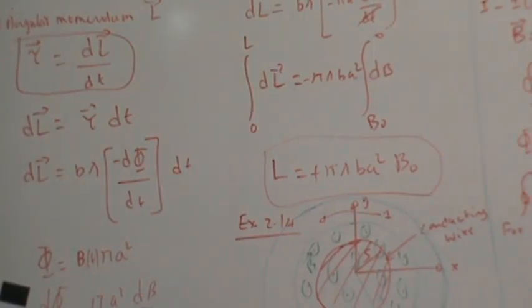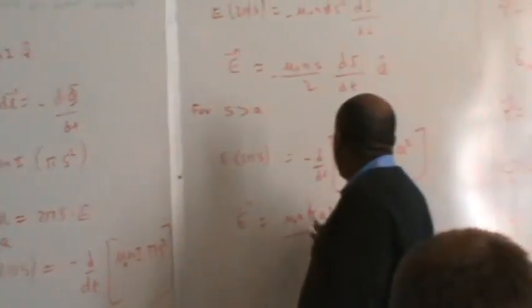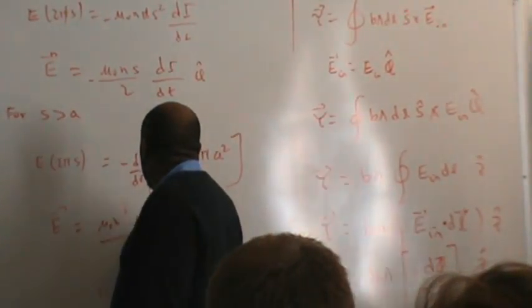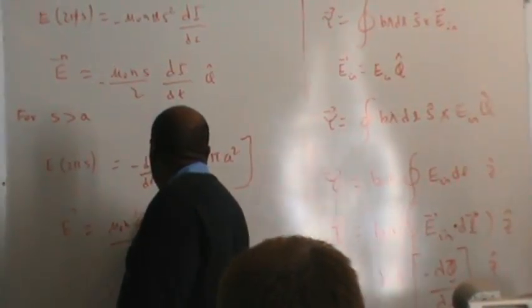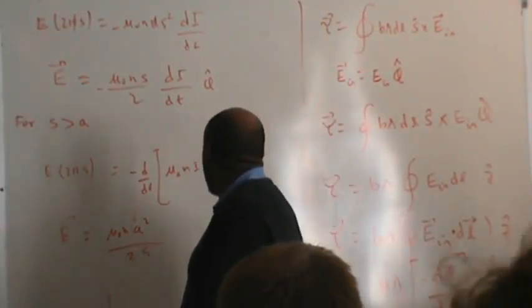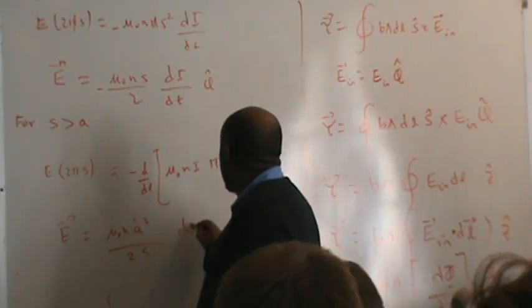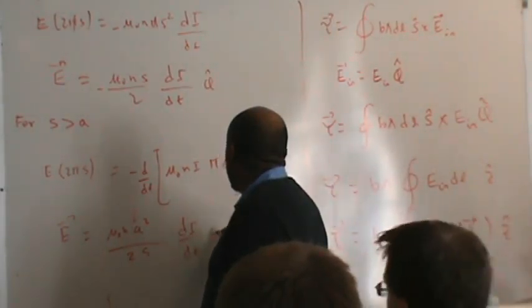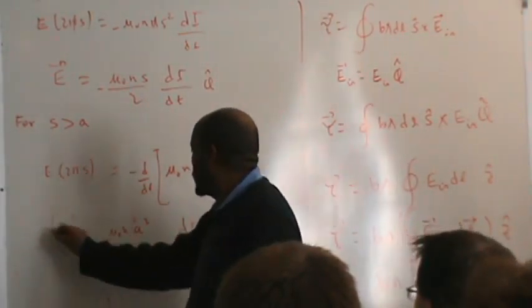So that would give you just E equal to mu naught N pi A squared over 2S di by dt. I'll not take the direction with the minus sign.